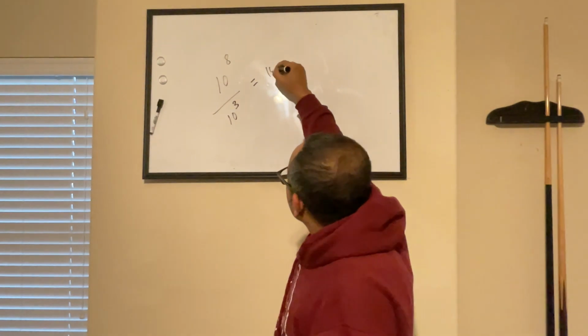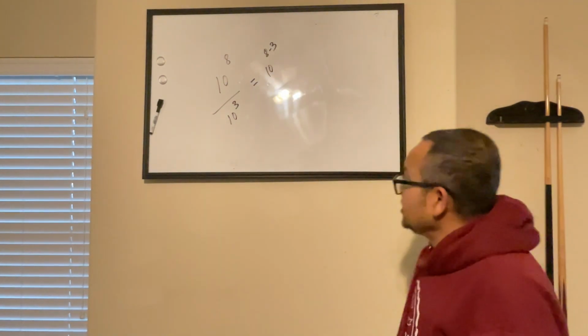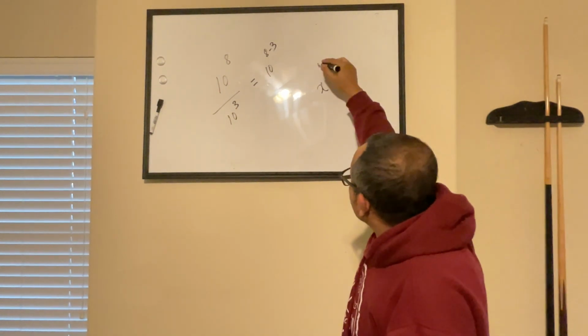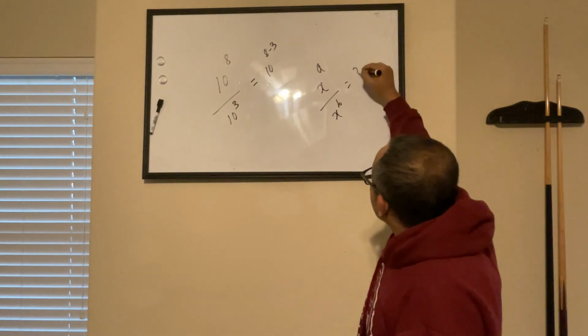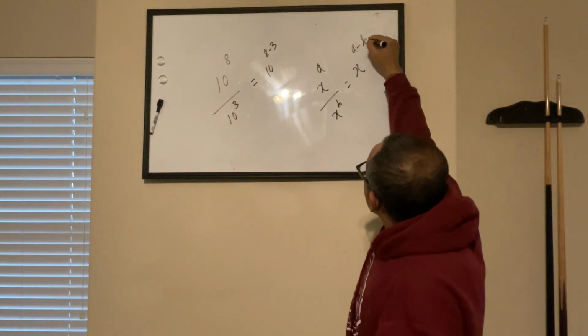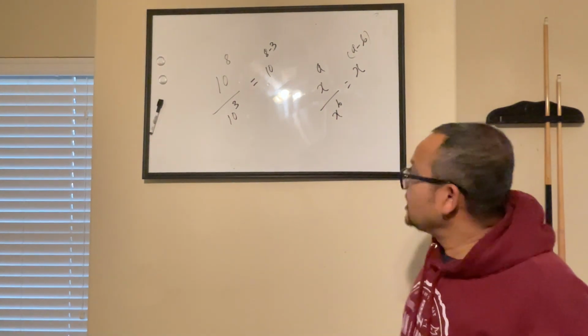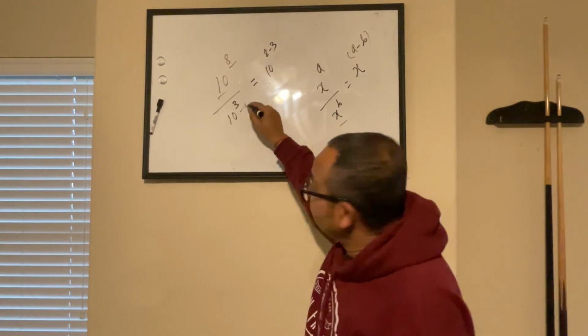Yes. 8 minus 3. You remember this or not? We learned this. So what happens is, this is another formula. X to the power a divided by x to the power b is x to the power a minus b. Here x is 10, a is 8, b is 3.